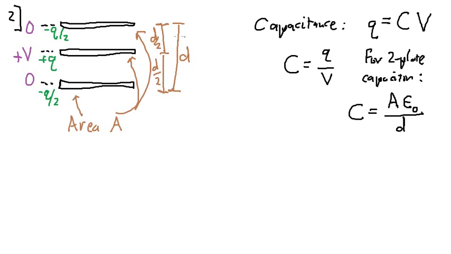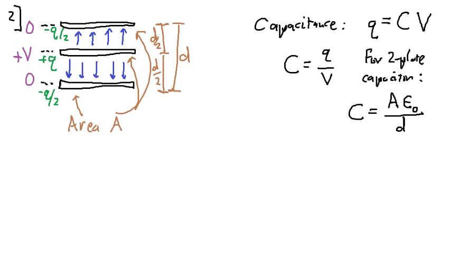Okay, that's for a standard 2-plate capacitor. Here we got something different because we've got 3 plates, and so really what we have is these 2 plates are d over 2 apart, and then these plates are also d over 2 apart. It's evenly split.